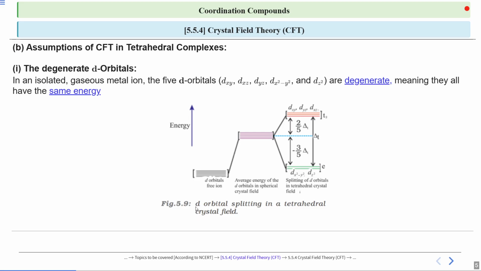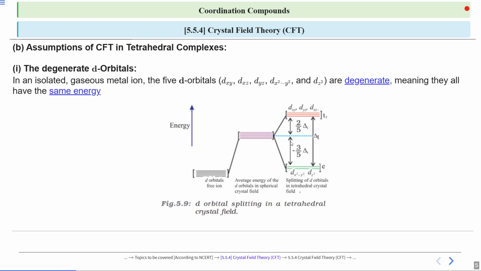You can see this figure 5.9, showing the d orbital splitting in a tetrahedral crystal field. We have the 5 d orbitals, dxy, dxz, dyz, dx square minus y square, and dz square, in a degenerate form in the free ion, the isolated gaseous metal ion, having the same energy.